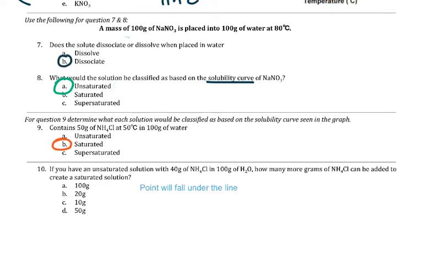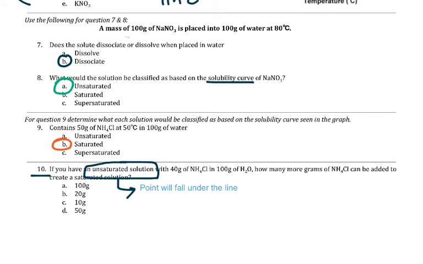On number 10, we're going to have to do a little bit of math with this. As you read through it, if you have an unsaturated solution, remember that means the amount that I have does not fall onto that solubility curve, so I have the potential to add more to my solution.